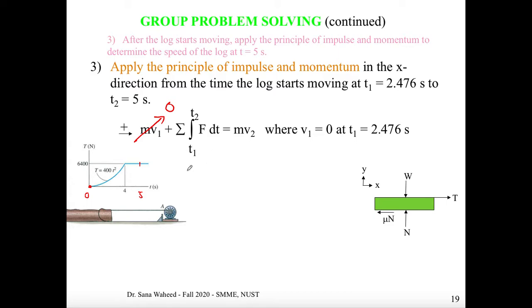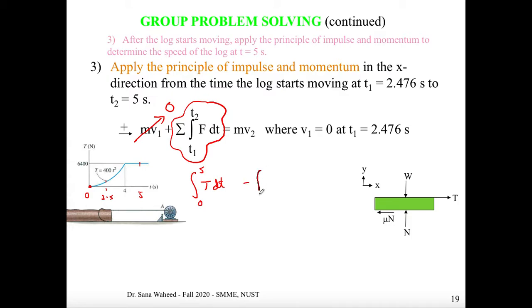But then what happens? Now let me just apply each of the, remember it's a summation of the impulses. So first one I'm going to have 0 se leke 5 tak, I have my tension dt. Then I have 0 se leke 2.5 tak, what did I have?